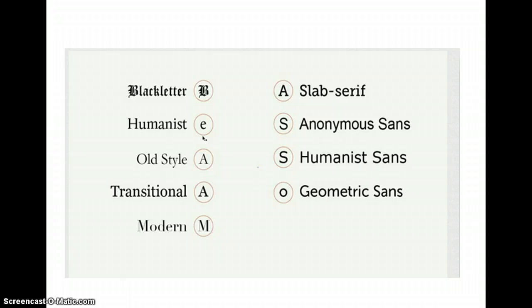The humanist sans, when you compare the shapes of the letters, is less rounded. And finally, the geometric sans is more perfectly rounded, and as it says over here, geometric is really geometric type.